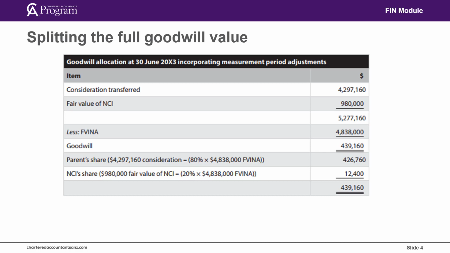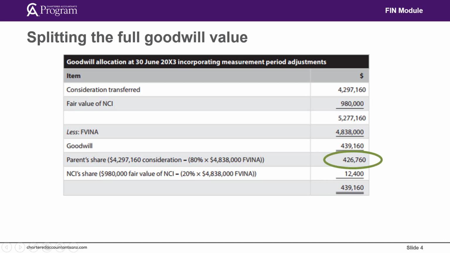The top part of this table is summarising the information from our previous calculation. Now we split the asset between what the parent owns and the amount of that goodwill that belongs to the non-controlling interest. The parent's share is calculated as the $4,297,160 consideration transferred, less the 80% share of the fair value of the identifiable net assets that Stark acquired.